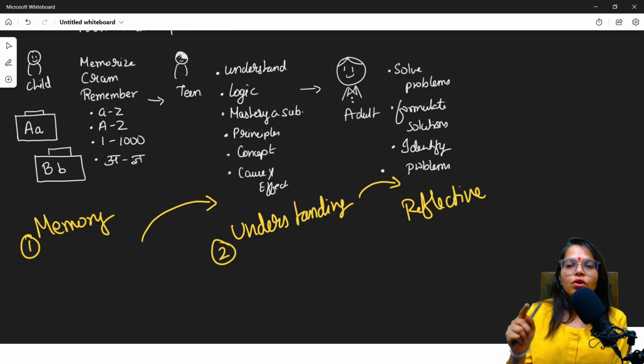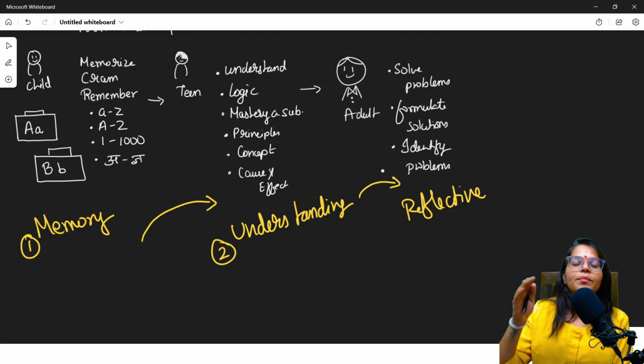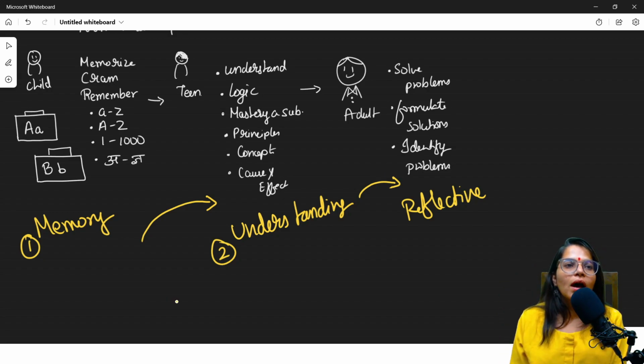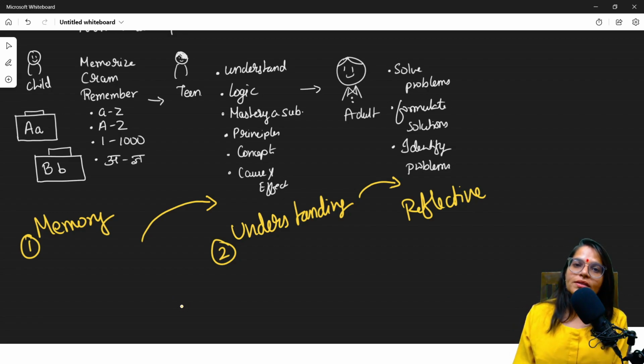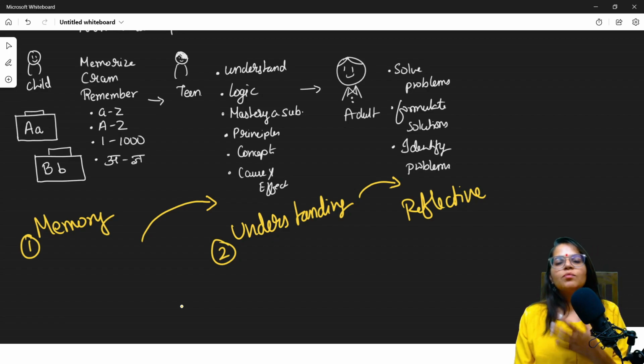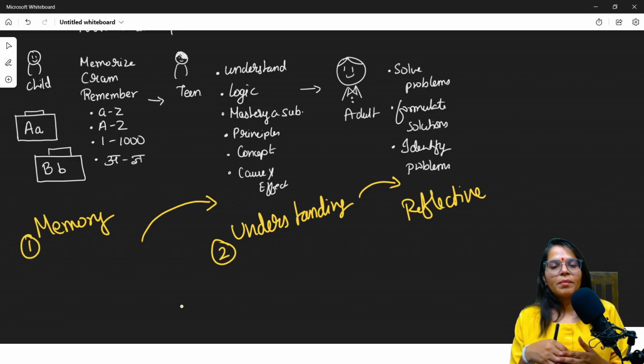And make sure you draw the exact diagram in your books so that you are able to remember all these things, because these are the keywords. Suppose there is any question related to teaching aptitude, specifically levels, they will be focusing on keywords. There will be questions from keywords and you need to identify those words. So in a question, if there are more references of remembering, cramming, memorization or rote learning, they are talking about memory level.